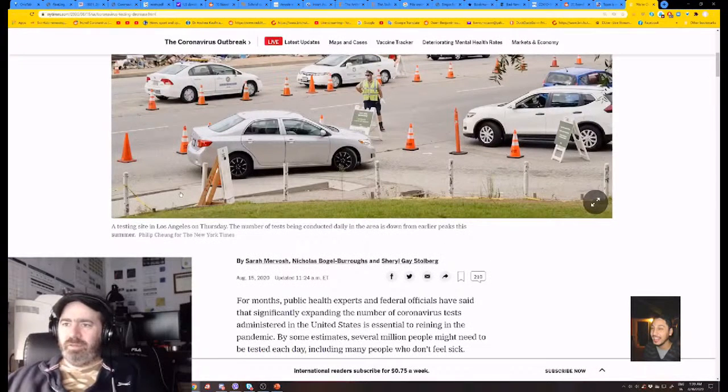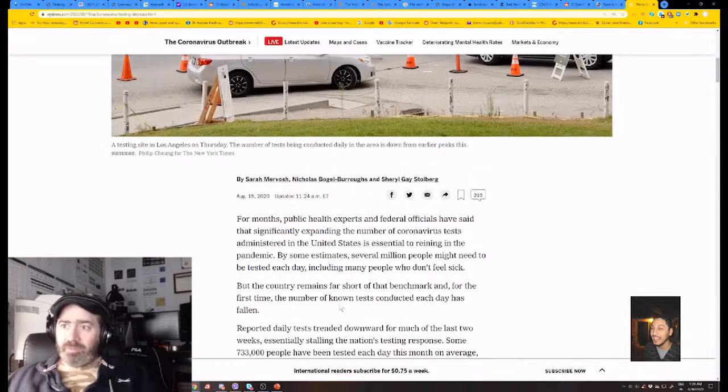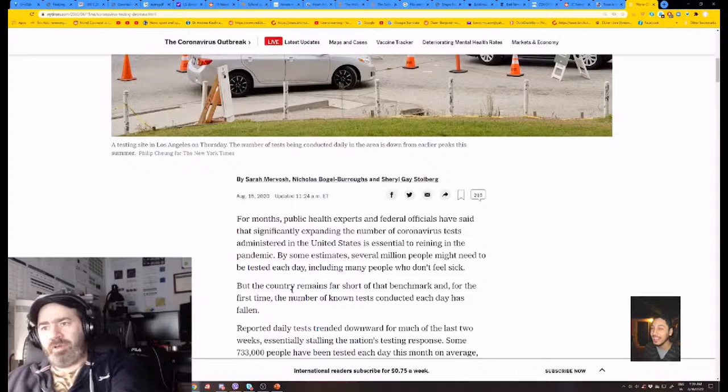Month, public health experts and federal officials have said that significantly expanding the number of coronavirus tests administered in the United States is essential to reining in the pandemic. By some estimates, several million people might need to be tested each day, including many people who don't feel sick. But the country remains far short of that benchmark.